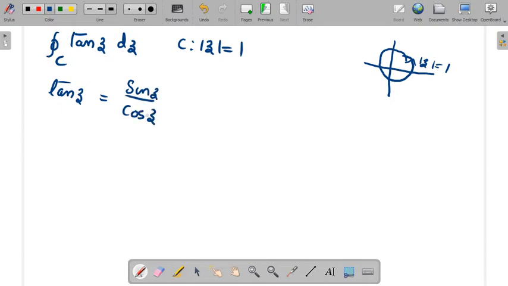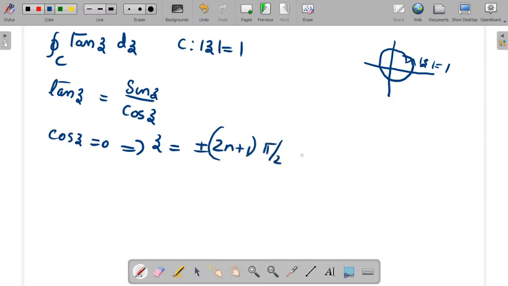Both sin z and cos z are analytic functions. So tan z will be analytic at all points except where cos z equal to 0. So cos z equal to 0 implies z is equal to plus or minus (2n plus 1) pi by 2.